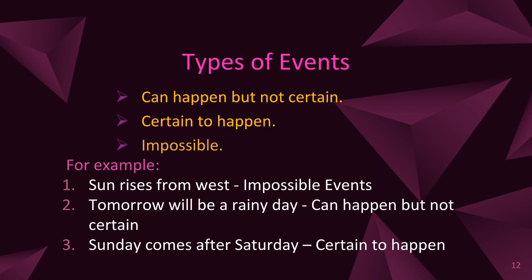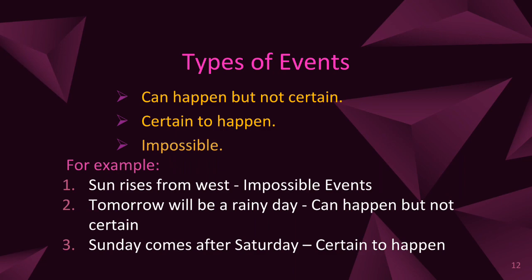Sun rises from west. Is it correct? No, sun rises from east. So, this is the impossible event. Second one, tomorrow will be a rainy day. Maybe tomorrow will be a rainy day, but we cannot tell that confirmed.